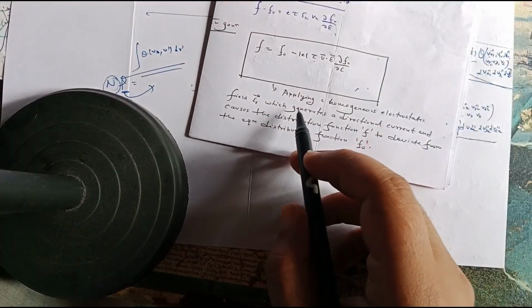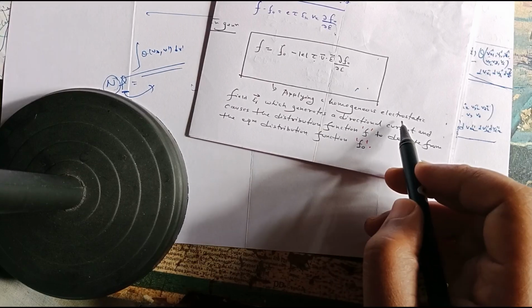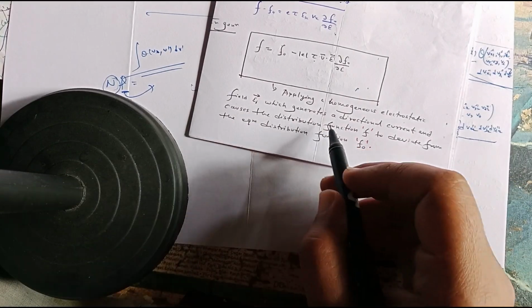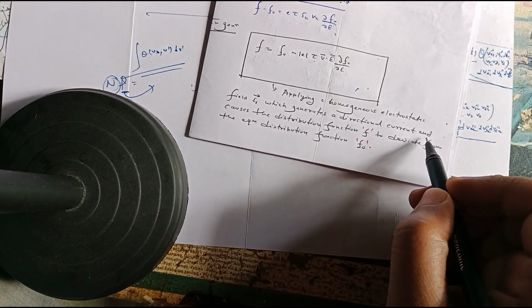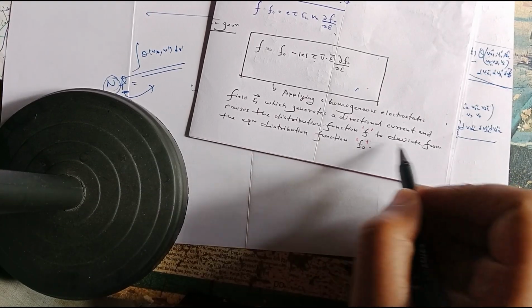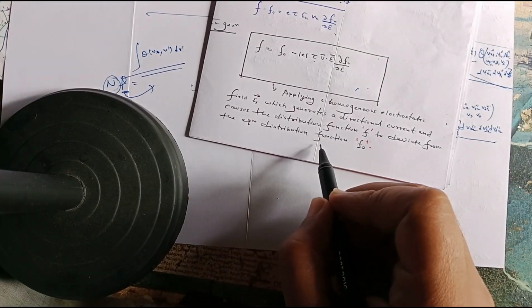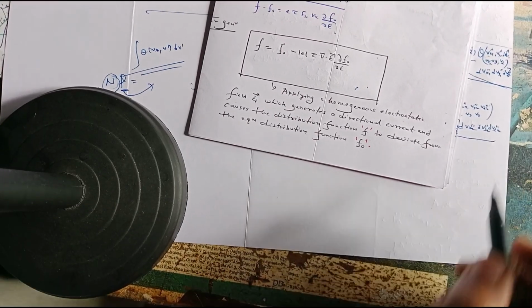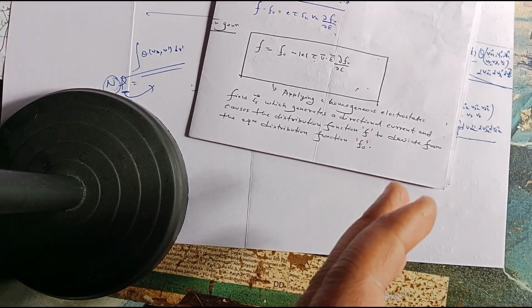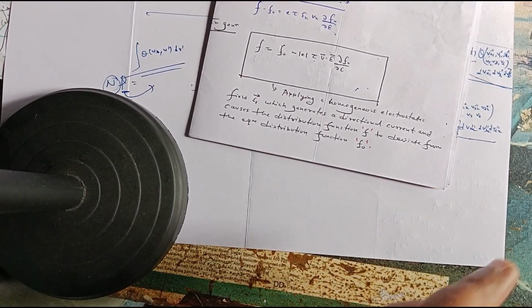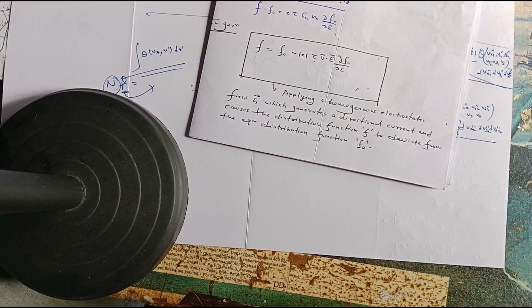So we apply a homogeneous electrostatic field E vector, which generates a directional current and causes the distribution function f to deviate from the equilibrium distribution function f0. So now we have one distribution function, and this distribution function is due to applying some kind of external field or temperature gradient.